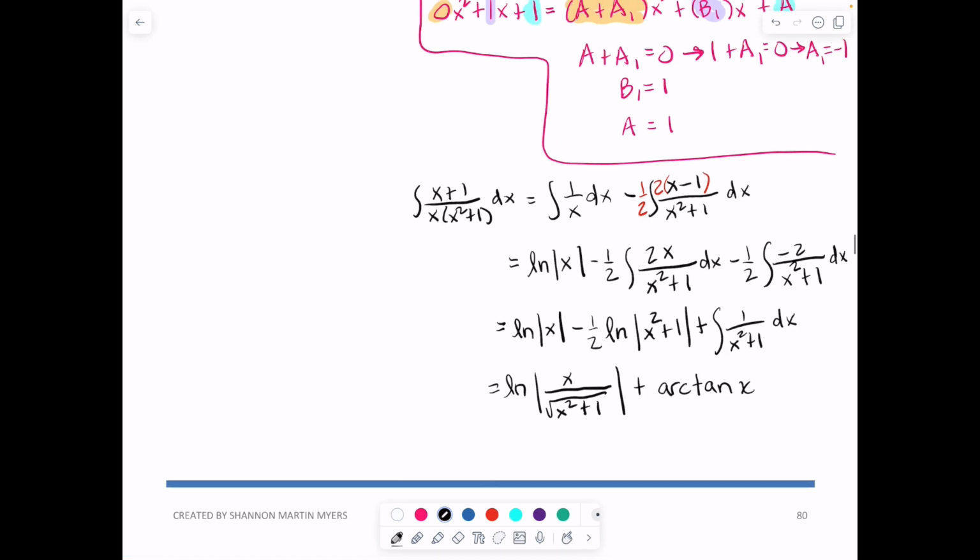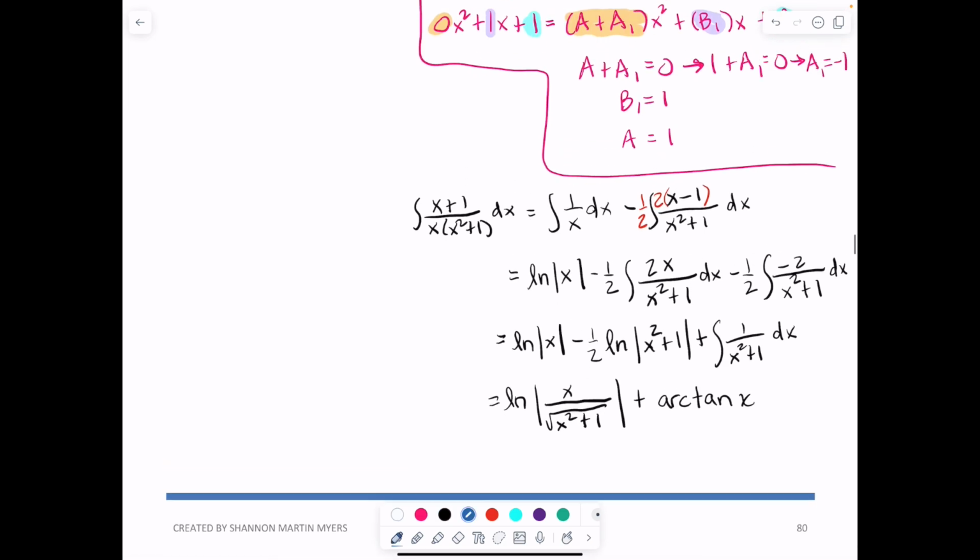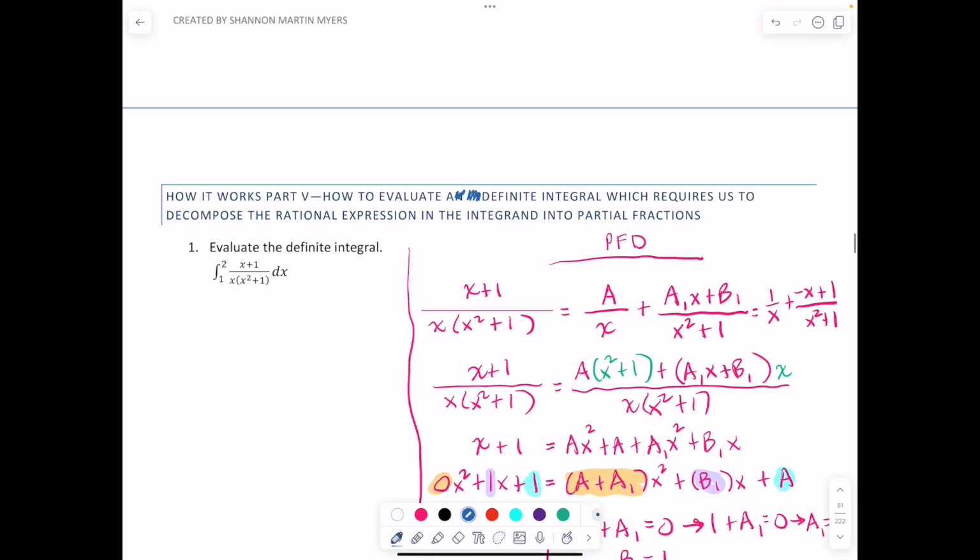I'll leave out the constant because we'll be evaluating it, so we'll get natural log of absolute x. We don't need the absolute value over the square root because x squared plus 1 is always positive. And then plus arc tangent of x, all evaluated from x equal to 1 to x equal to 2.